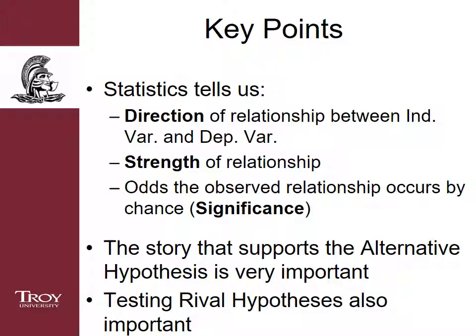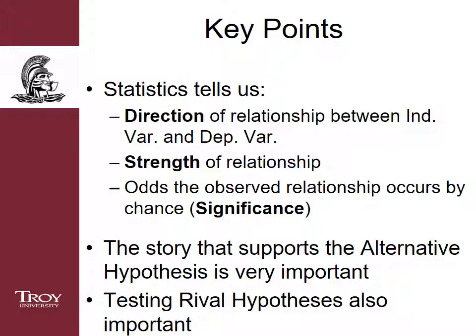Whatever technique you're using, it could be a simple difference of means test, or a multivariate regression, all statistics will do these things. We'll get a direction, usually a plus or minus sign, and we'll get a strength. As you'll see when we talk about regressions, it'll be a coefficient: how much does the dependent variable change when the independent variable changes by 1?